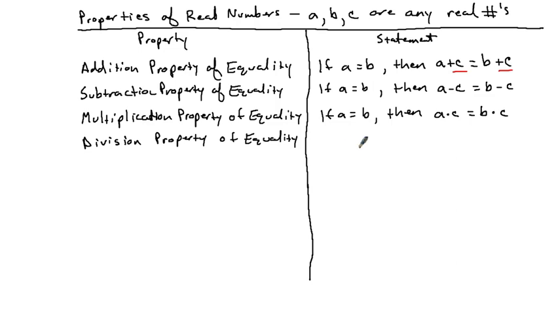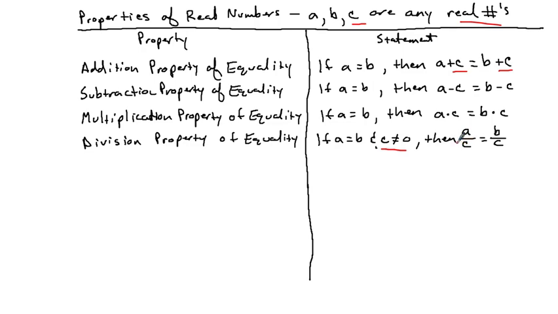This one's going to be a little unique. It's going to say if A equals B and C is not equal to 0, then A over C equals B over C. And so the reason the C not equal to 0 is in there is because up here we said C is any real number. Well, 0 is a real number, and we can't divide by 0.